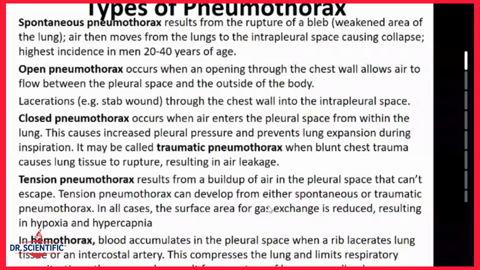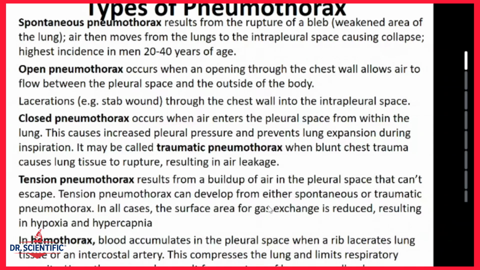into the pleural space. Then we have tension pneumothorax, which results from a build-up of air in the pleural space, because it has been trapped there and cannot escape. Now, tension pneumothorax can develop from either spontaneous or traumatic pneumothorax.